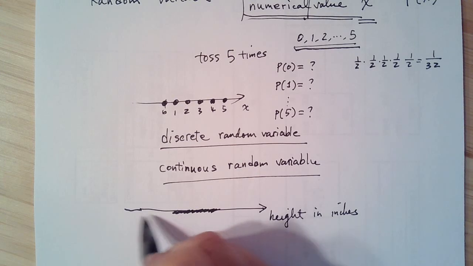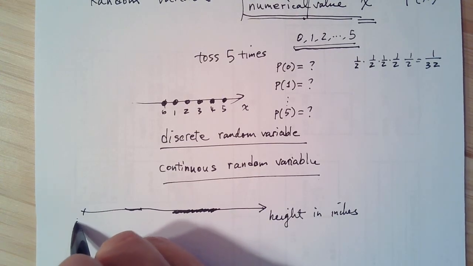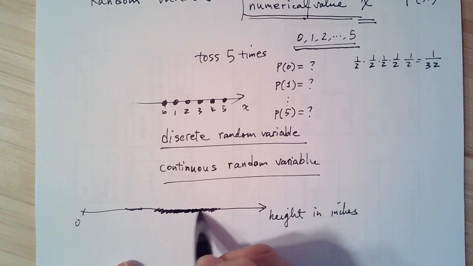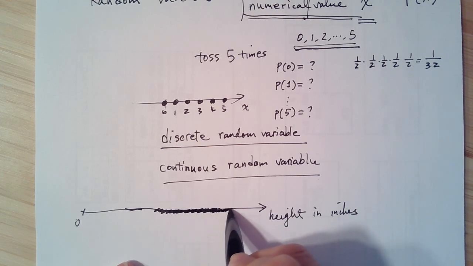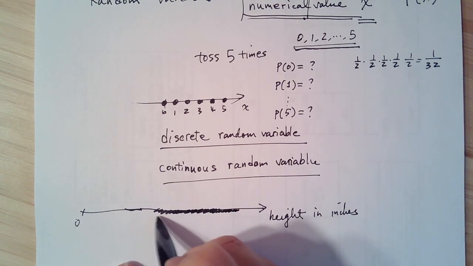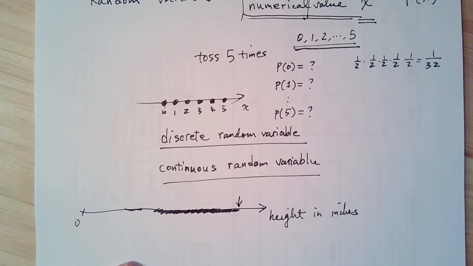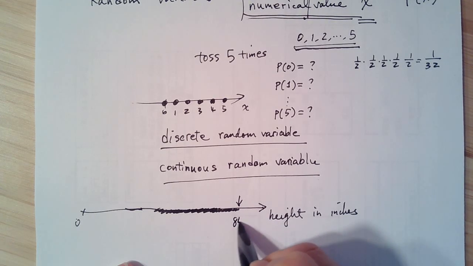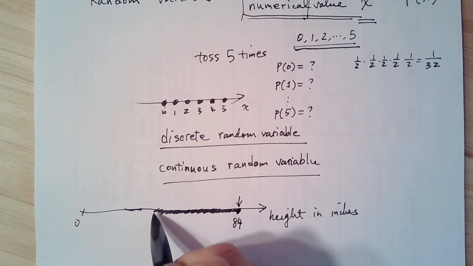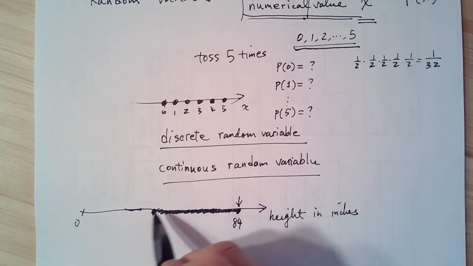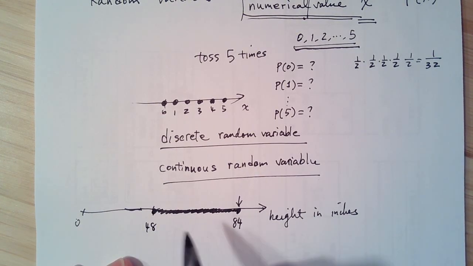When we talk about all the students in a college, maybe the tallest one is, let's see, 7 feet, so that's 84 inches, and the shortest one, let's say 4 feet, I just made this up, so it's 48.